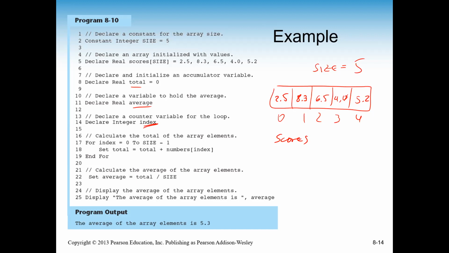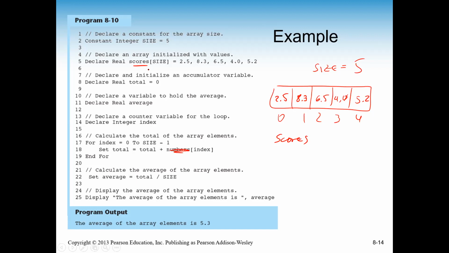So now I'm going to calculate the total of the array elements. So for index equals 0 to size minus 1, because it's 0, 1, 2, 3, 4. And I'm just going to take total, which is 0 initially. So here, notice there's an error in this example because they called it numbers, this should be scores.